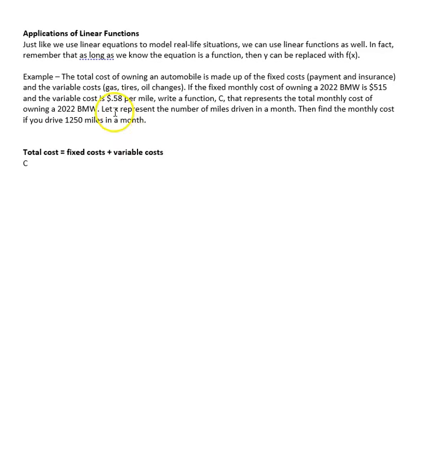So I'm going to represent total cost with the function C. And we were told to let the number of miles be X. So we're going to go ahead and use the variable X in our function notation. That simply came from, they told me the name of the function was C, and they told me to use X to represent the number of miles. So now the fixed cost for 1 month, they told me was $515 for this particular type of car.